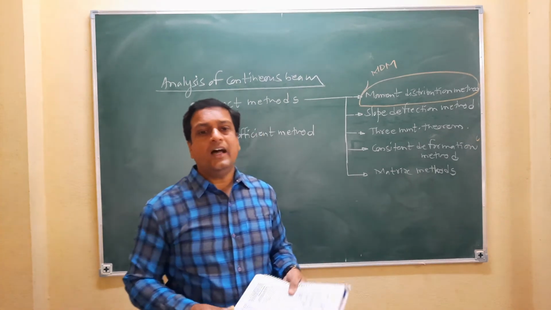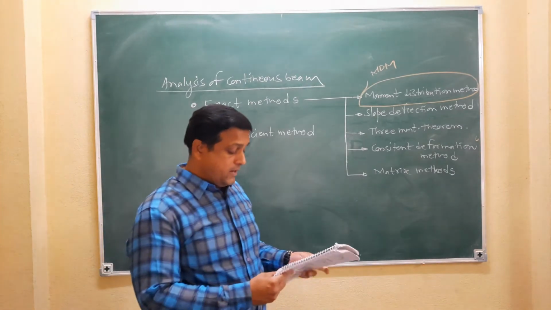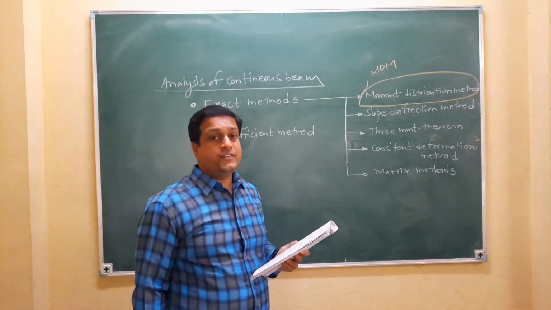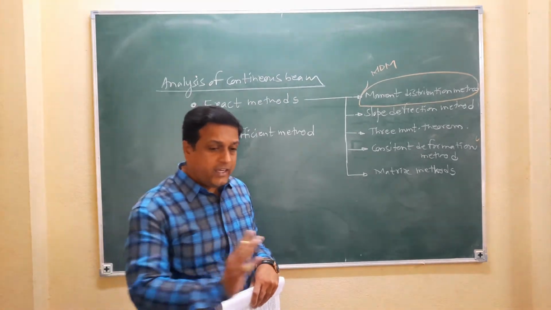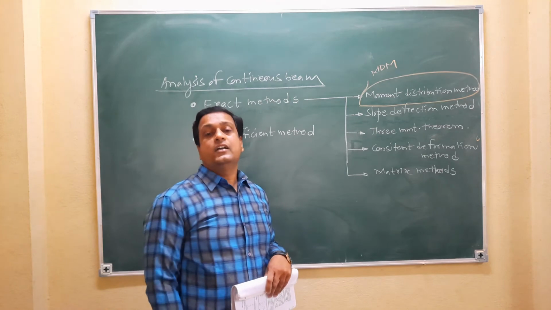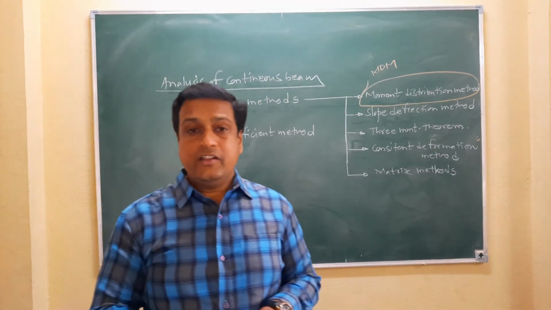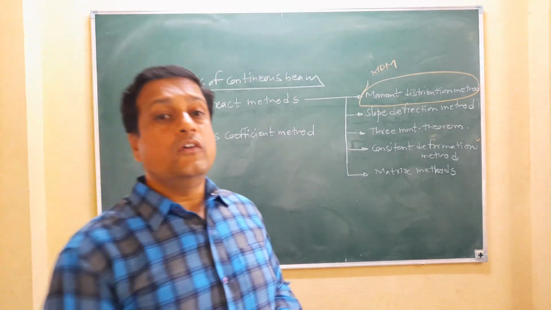But the IS code gives some important points. If these points are satisfied, then you use the coefficient method.